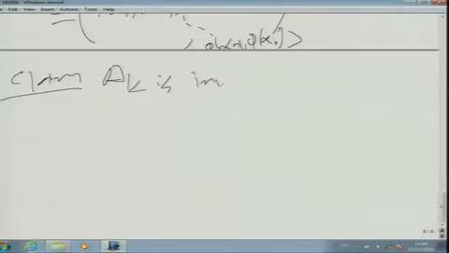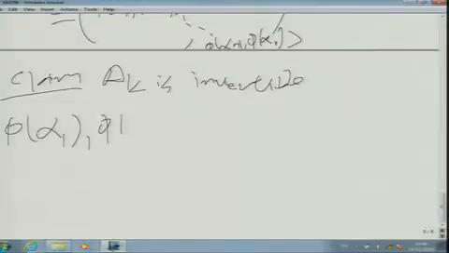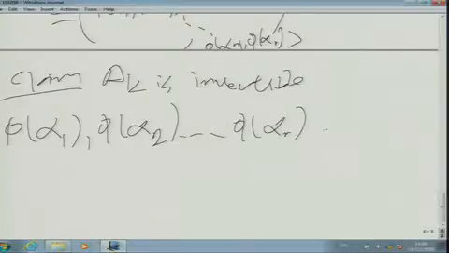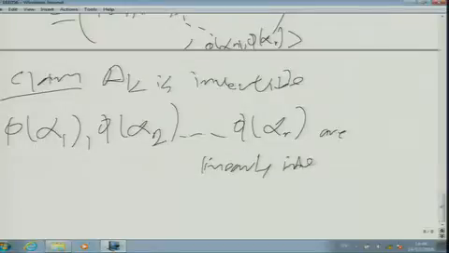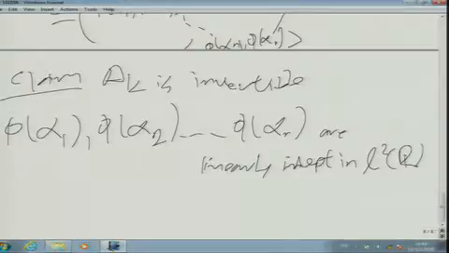And now it remains to show that the matrix A_K is invertible. And we claim that A_K is invertible, which is equivalent to proving that phi(alpha_1), phi(alpha_2) to phi(alpha_n) are all linearly independent in the L2 space.